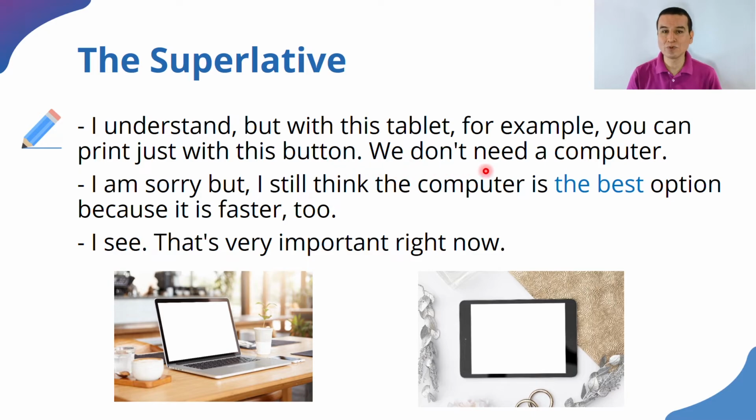We don't need a computer. The other person insists, I am sorry, but I still think the computer is the best option because it is faster too. That could be a point for me. Yes, I need a fast computer. And the other person says, I see. That's very important right now. And that's where the conversation ends.